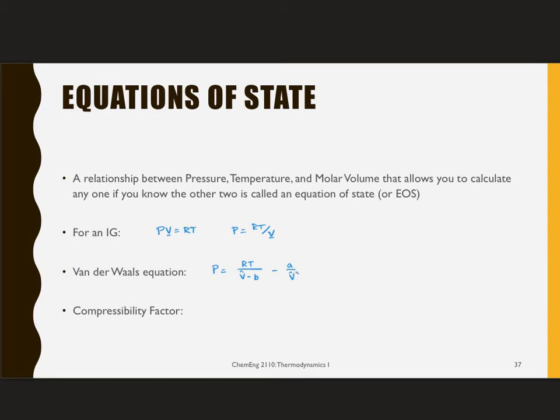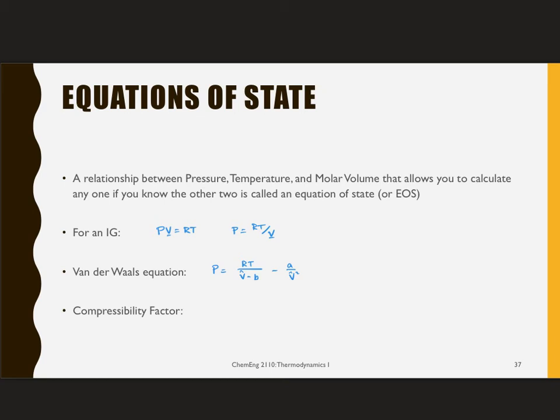And what it does is it has a correction, V minus B in the denominator, to correct for the fact that molecules really do have size, right? One of our assumptions was that molecules were round and had no size. So the B in the van der Waals equation accounts for the fact that they do have size.